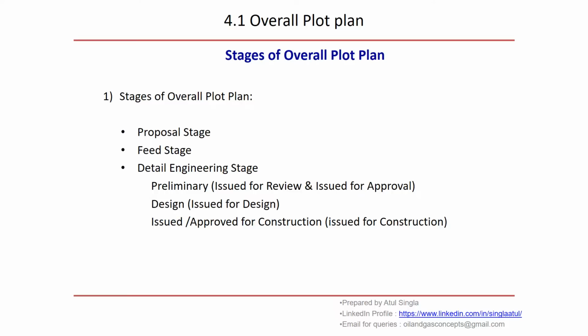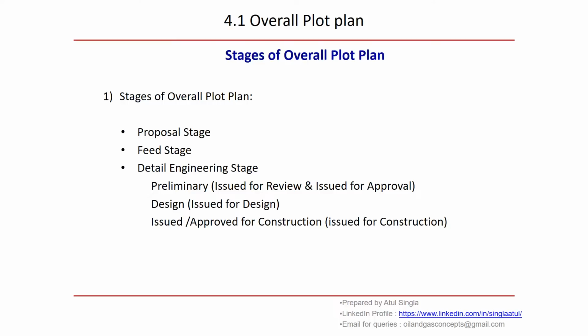Later on we start getting final vendor drawings and process P&IDs, then we keep on freezing so many things in a plot plan. So we issue it for design. Then again it goes for approval to client as well as PMC. Once they approve it, then further design phase takes place.